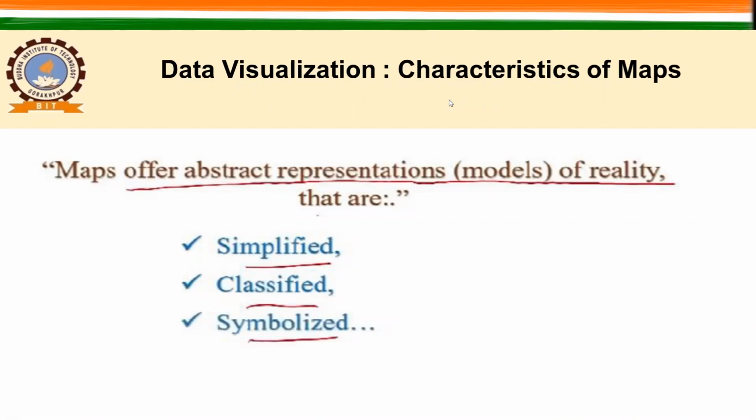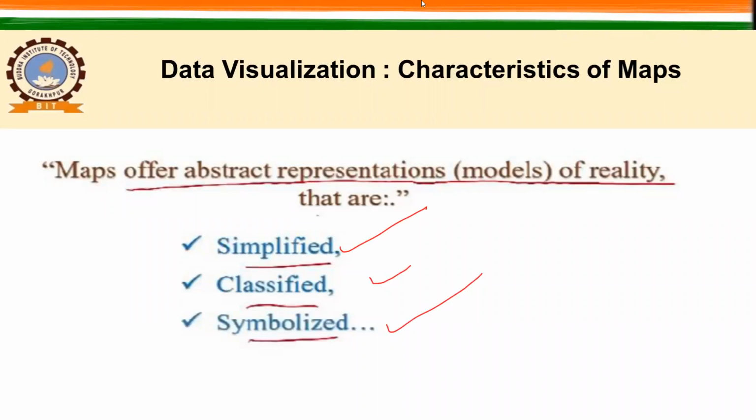So all these three different types you can use to represent your data in a map. Okay, so here you just see one thing, that there are three things: simplified, classified, and symbolized. Here I am representing it: simplified, classified, and symbolized.